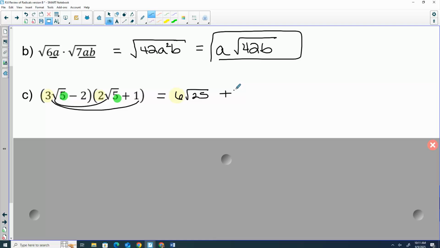Plus 3 radical 5 times 1 is just 3 radical 5. These 2's are both outside the radical, so we multiply those. So we get a 4. The square root of 5 just trails along. The last term is negative 2 times 1 is negative 2.